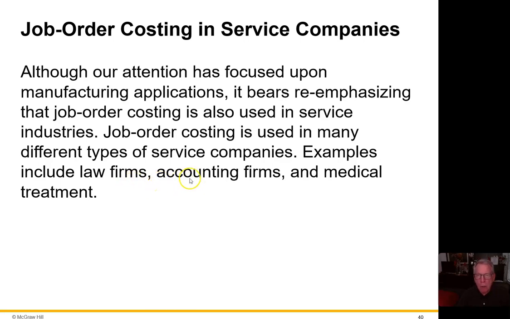And you can use job order costing for those services as well, for law firms and accounting firms and medical firms, or medical clinics, or whatever you want to call them. And we would use the same approach there as we use for manufacturing. Of course, it's slightly different depending on what kind of a company you have. But that job order costing is used in many different types of service companies.